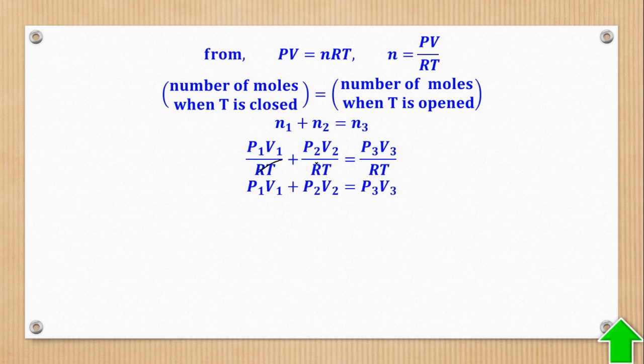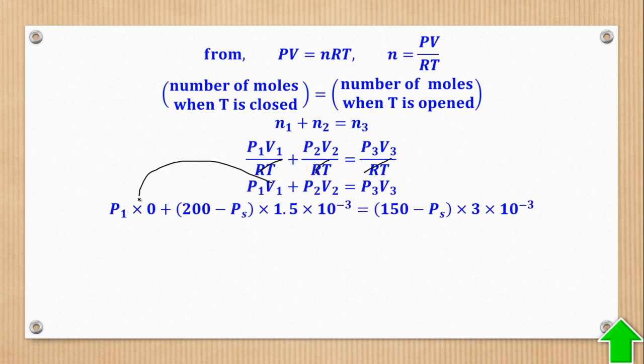Then these are constant, so they cancel to remain with this. Then substitute, remember V was 0. Then P2 we got it as that. P3 we got it as this. Then V2 is that. V3 was that. That's what we got in the previous slide.